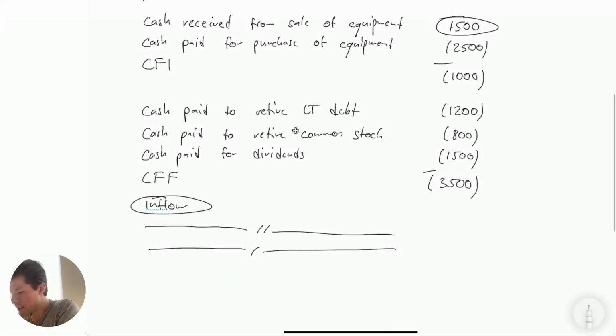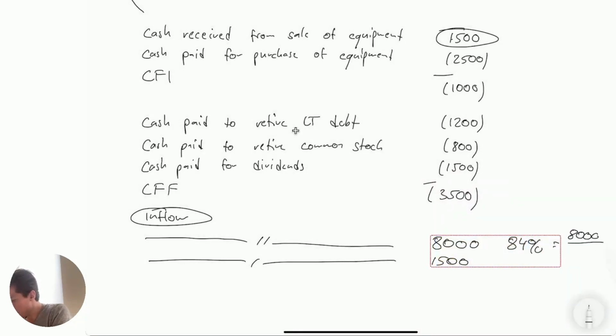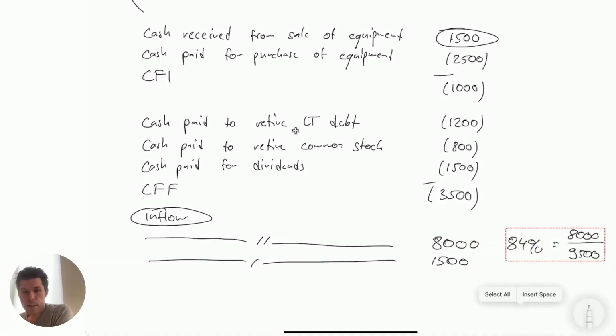That's where you get started. And then you have 8,000 here and 1,500 here, which means this is 84%. It is basically 8,000 divided by 8,000 plus 1,500, so 8,000 divided by 9,500. And then this one here is 16%.